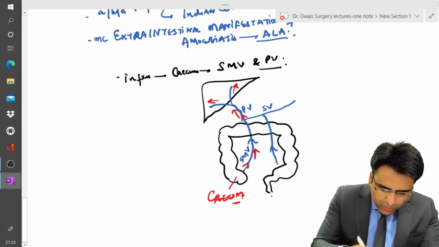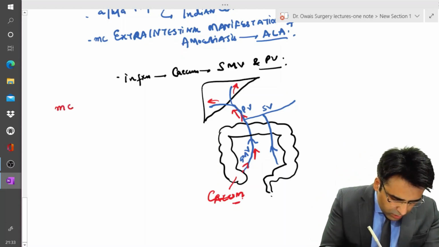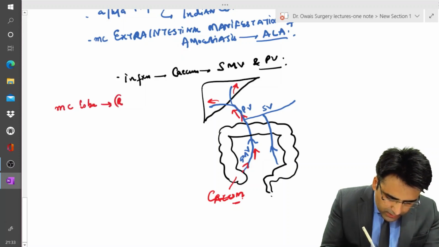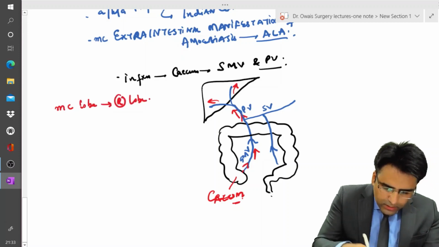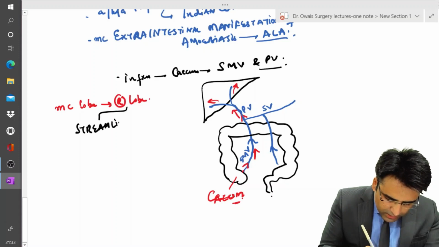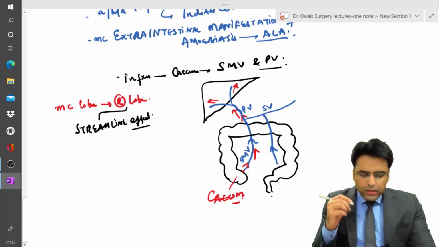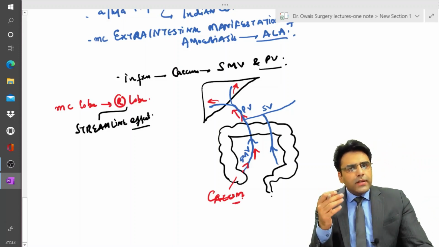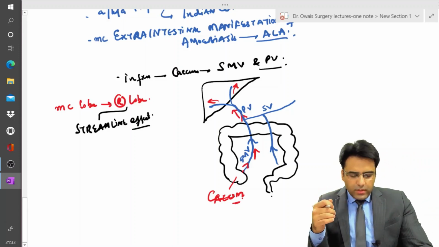So which is the most common lobe involved? It is the right lobe. Now there are two reasons. One is the streamline effect. Clear why? Because the right branch is in direct continuation with the portal vein.